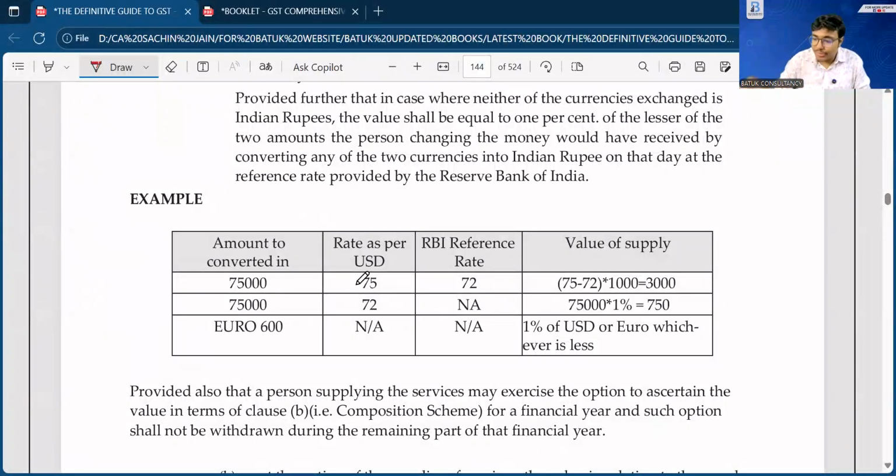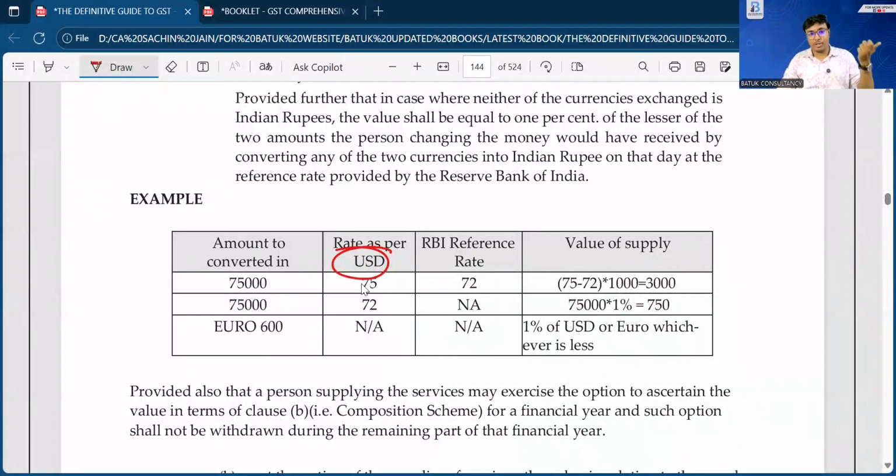In this example, we are going to replace the dirham and use the USD. So I require the US dollar, and for the US dollar, RBI also releases the reference rate. The US dollar rate is 75 rupees and the RBI reference rate is 72 rupees.